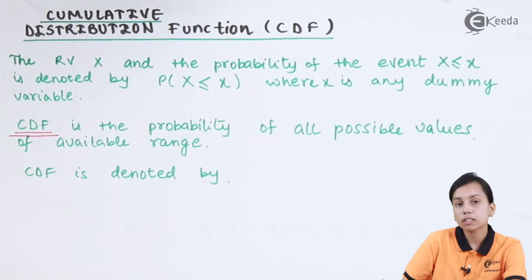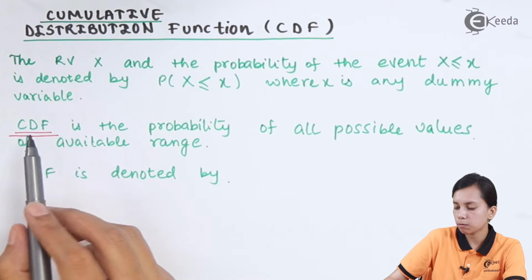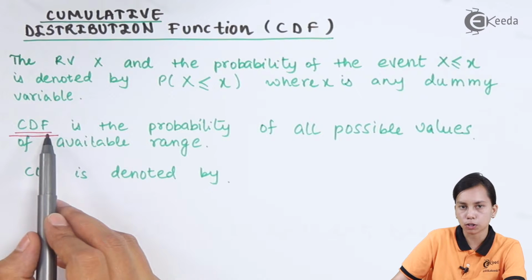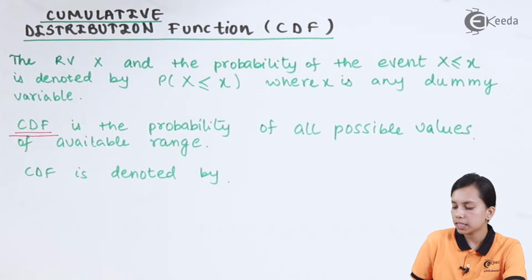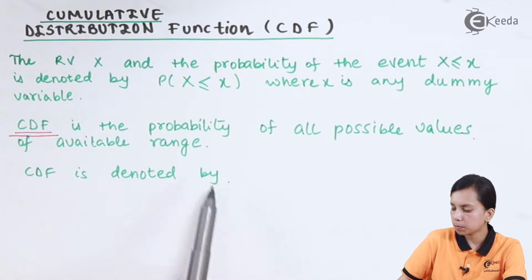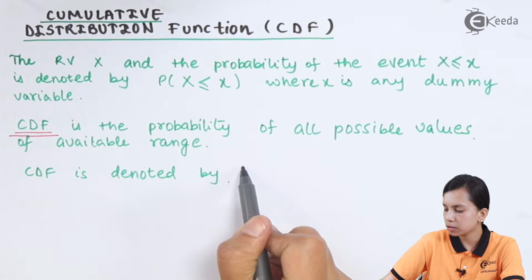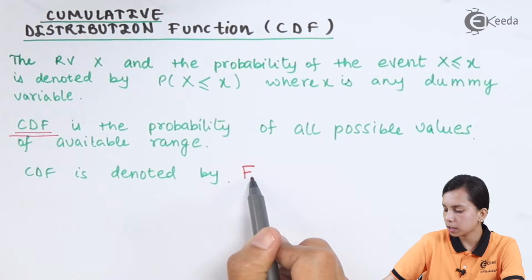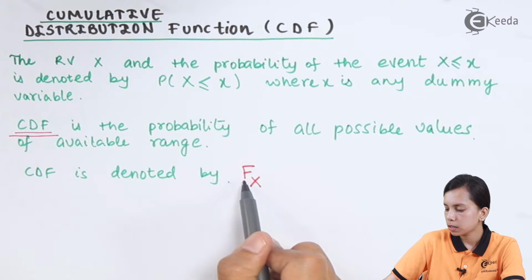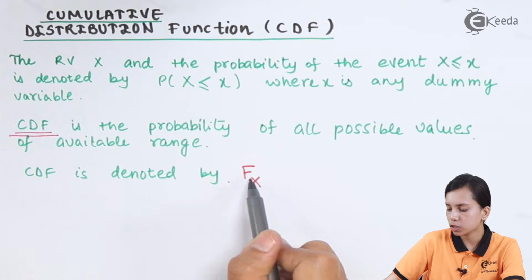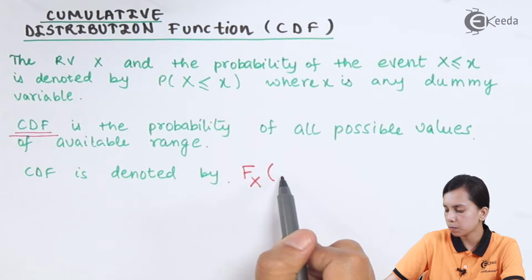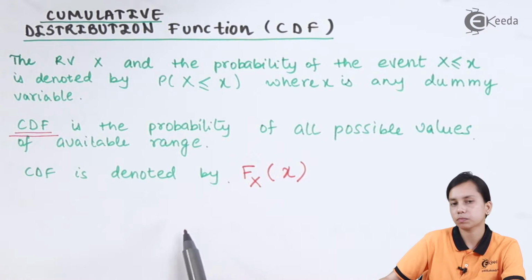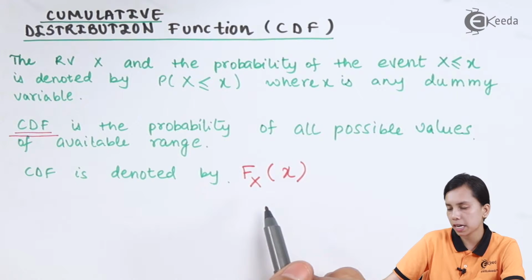That distribution of the probability is defined as cumulative distribution function. This cumulative distribution function is denoted by F subscript capital X of small x, which is nothing but a random variable of X. It is also a function of x.